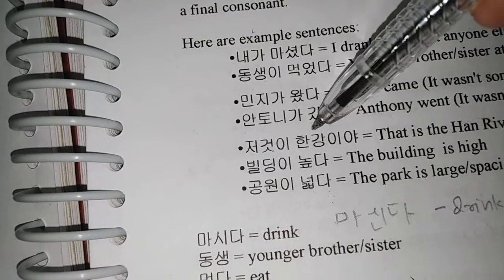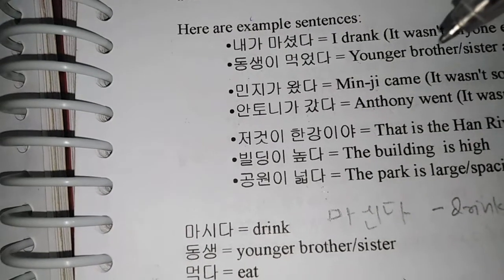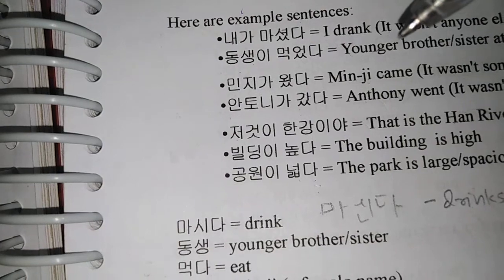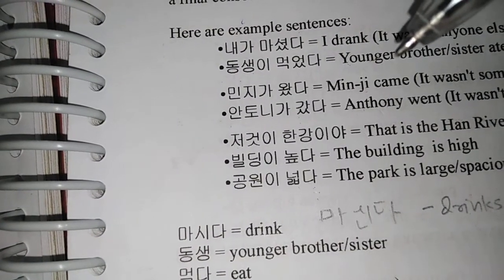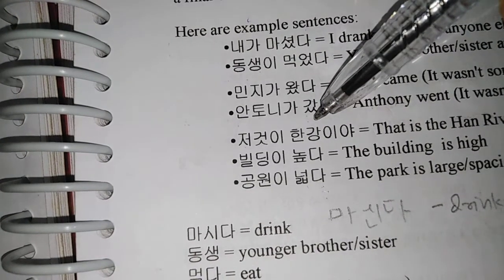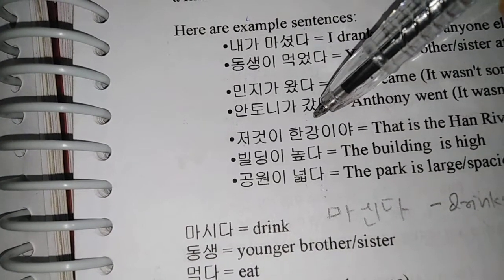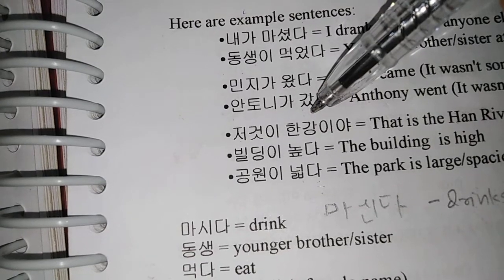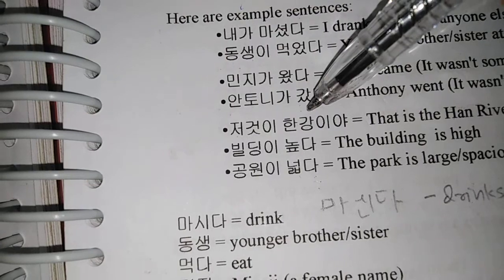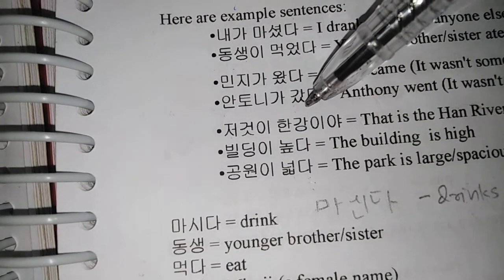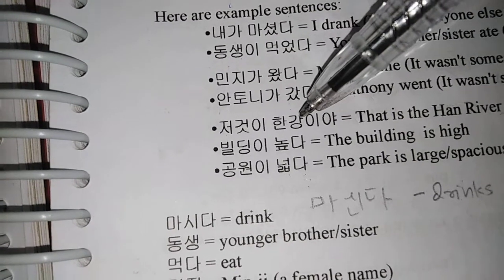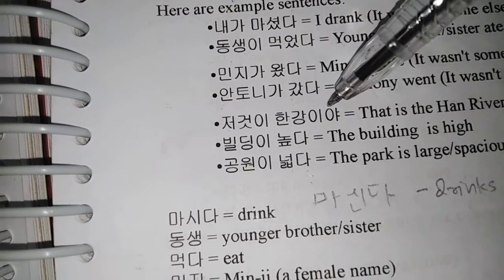And Kang can either mean a lecture, or Kang can also mean a river. And Hangang is a very famous river that is in the capital of Korea. That is Seoul. Hangang is the river in Seoul. So when we are saying 저것이 한강이야, we are saying that is the Han River, not anything else. And you have 야 here.